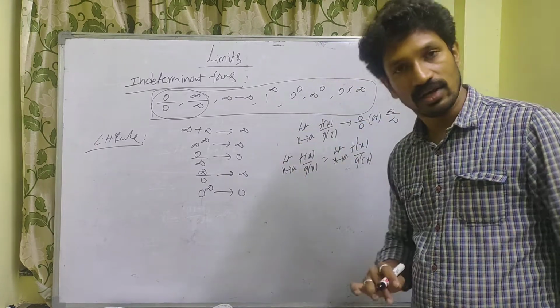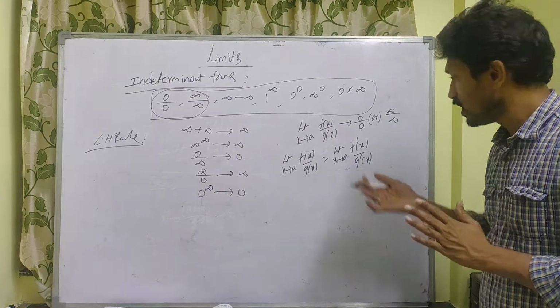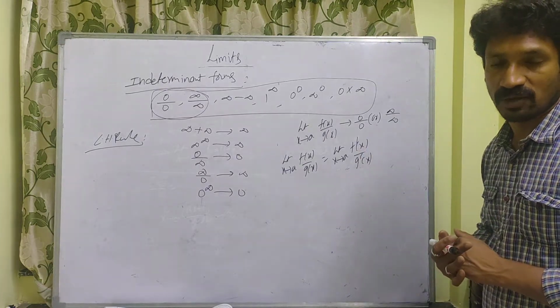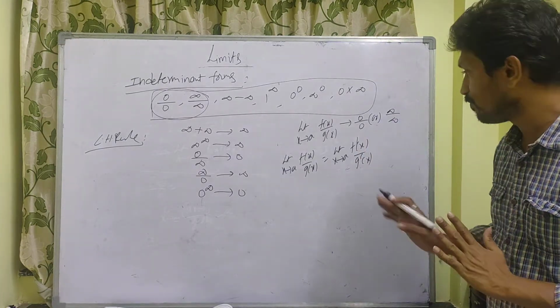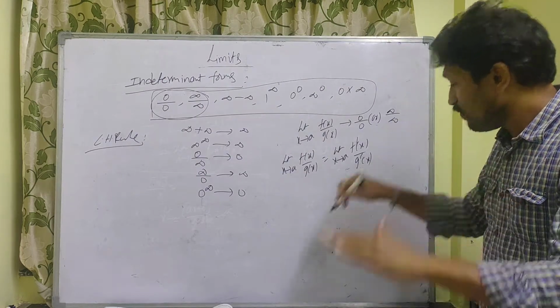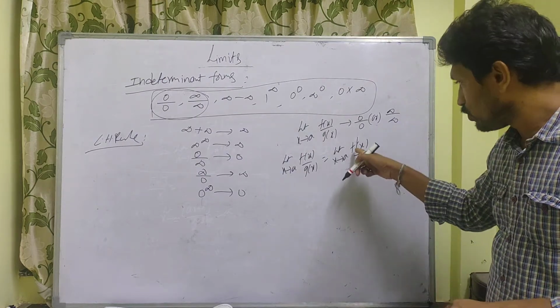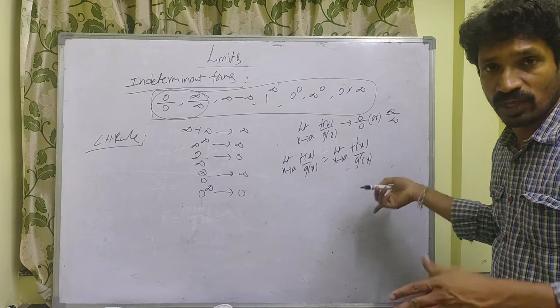For numerator apply differentiation separately, and for denominator apply differentiation separately. Don't apply u by v formula.